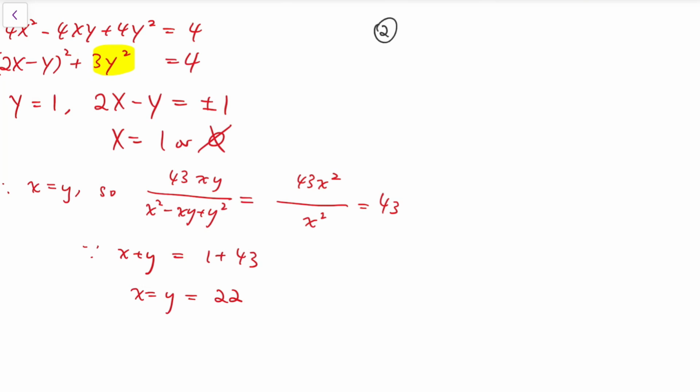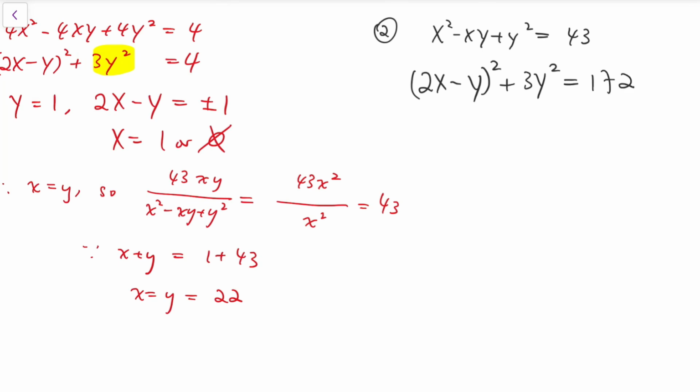Now for the second case, when this equals 43, I can use a similar trick, which gives 2 times big X minus Y all squared plus 3 Y squared equals 172.